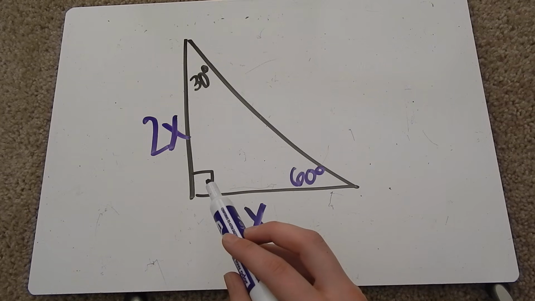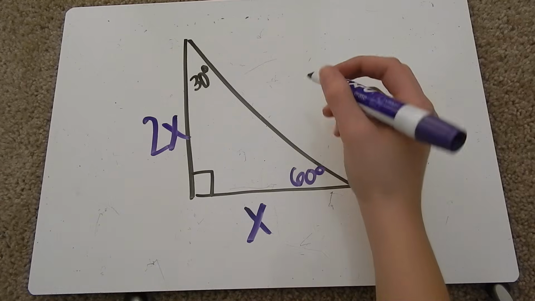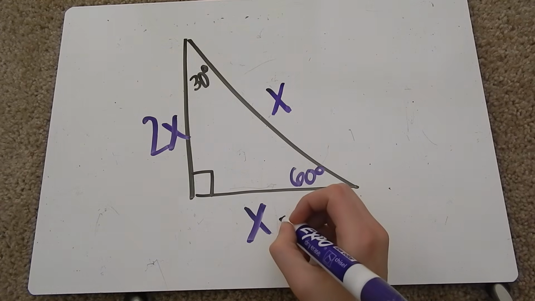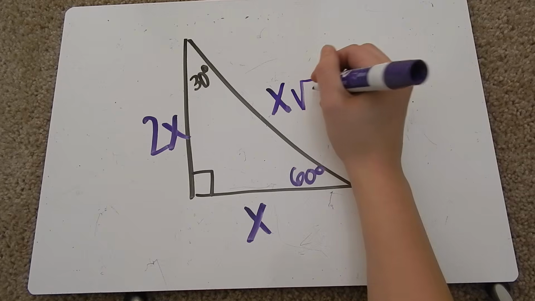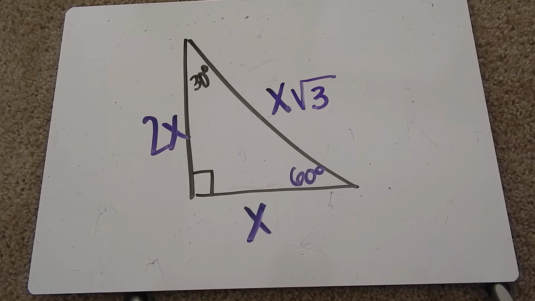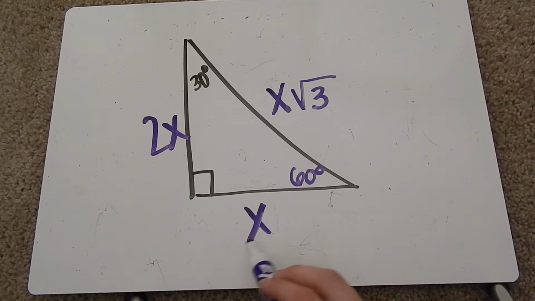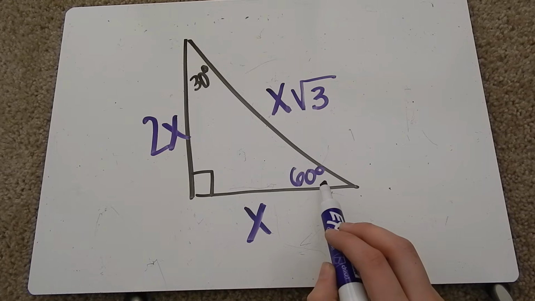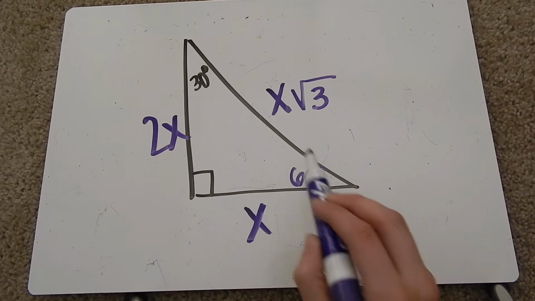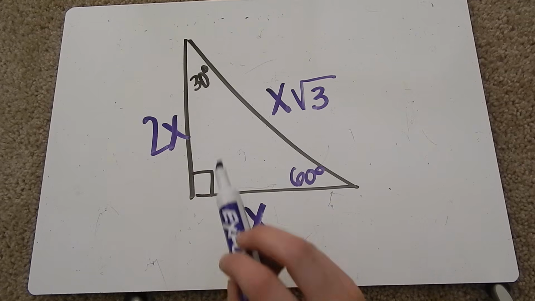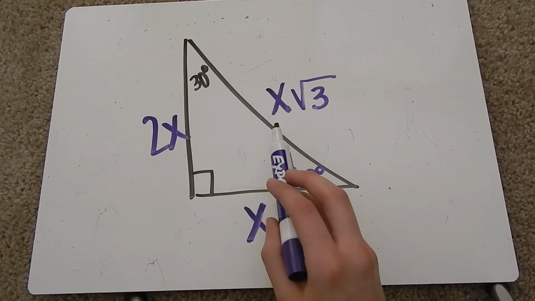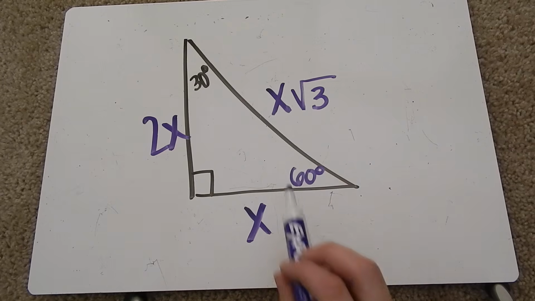Across from the 90-degree angle, it's going to be that same x times the square root of 3. So this is our pattern. Across from the smallest angle will be the smallest side, which is called x. Across from the 60-degree angle will be the 2x. And across from the 90 will be x times the square root of 3.